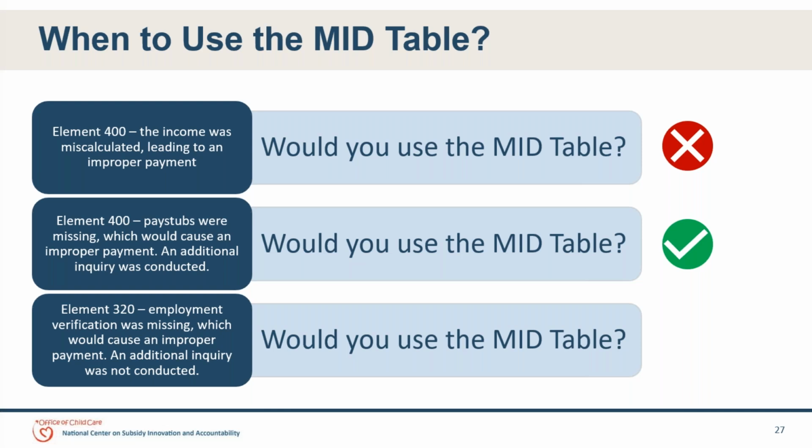So this is kind of the same as the last example. There was missing documentation that would cause an improper payment. Whether or not the additional inquiry was conducted is irrelevant here. I mean, that is something that you would record in the mid-table, but in terms of whether or not you're completing it in the first place, the additional inquiry does not make a difference.